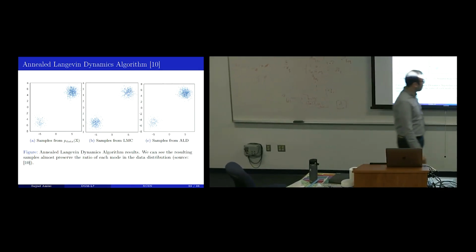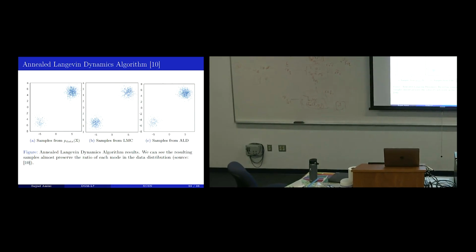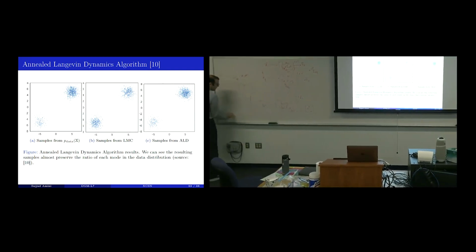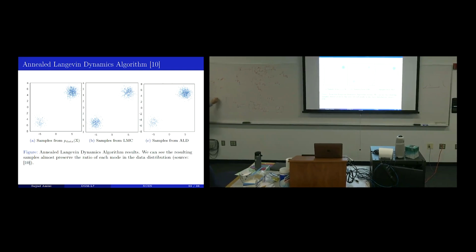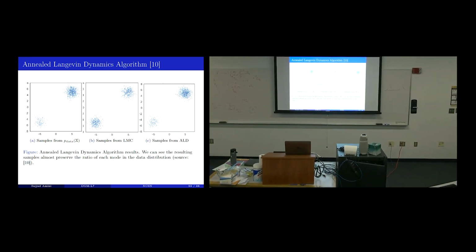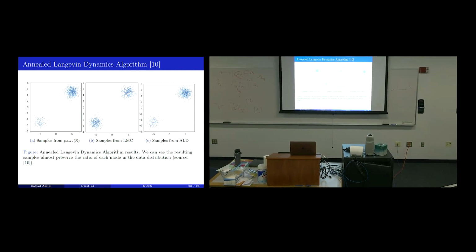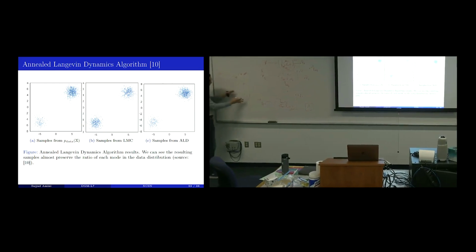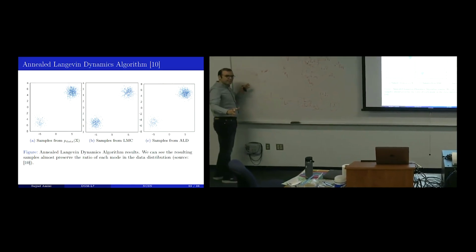Why does the ALD solve the problem of not knowing anything about the mixture ratio? When using ALD, what happens? You are not working with this data set anymore. What are you working with? You are working with noise-enlarged data sets.